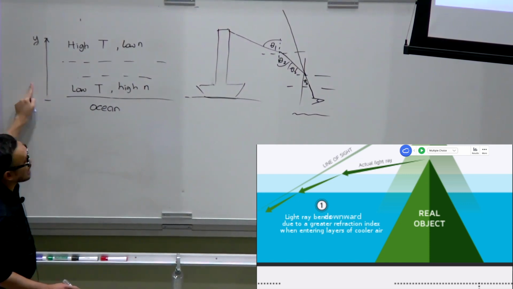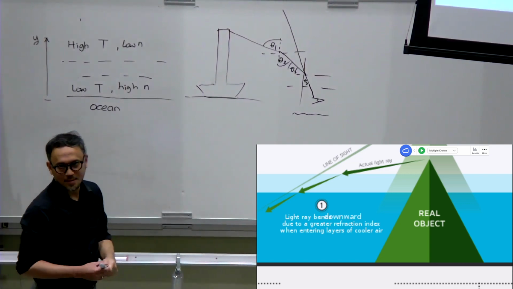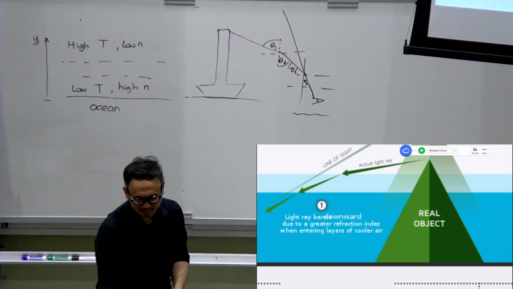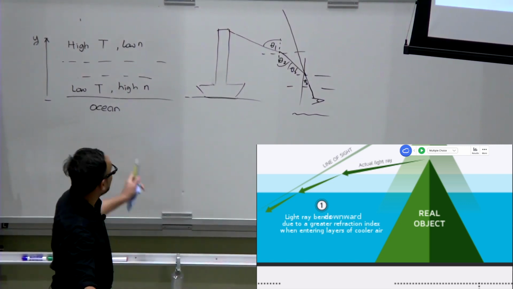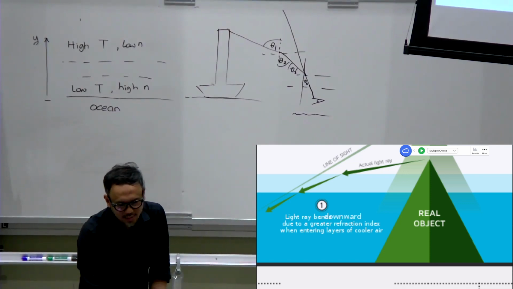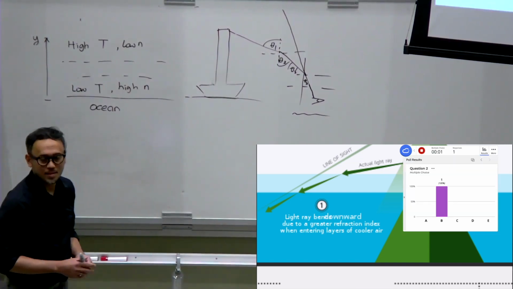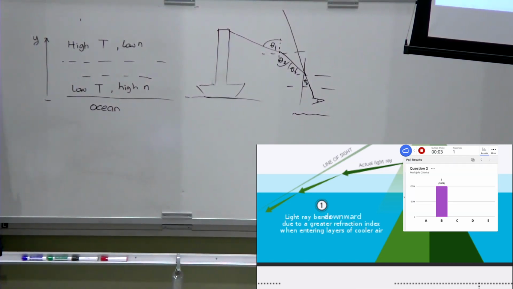The question is, can we have total internal reflection? Yes or no? A, yes, and B, no. Let's spend 30 seconds.